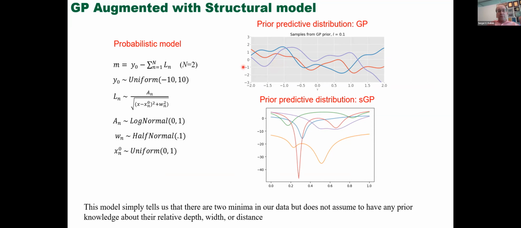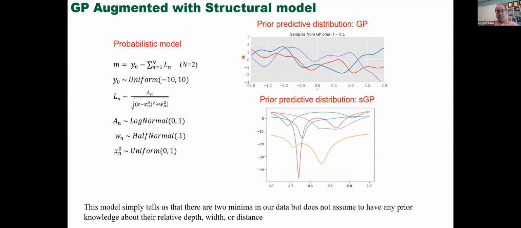However, it is possible to take the Gaussian process and augment it by a structural model that becomes the mean function in the GP. And this model can represent, in the form of an equation and priors on the equation parameters, the physical knowledge that is available to the experimentalist.